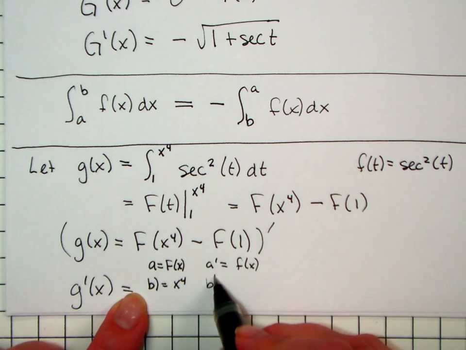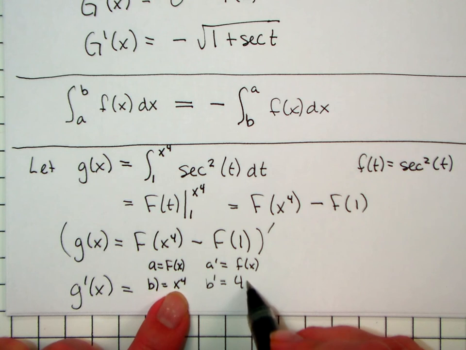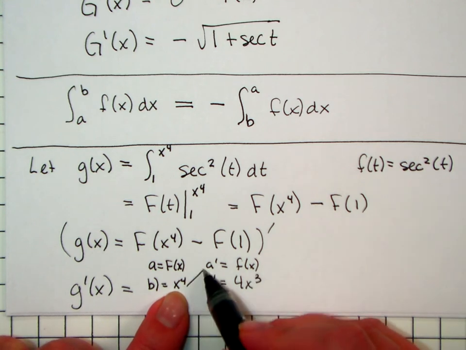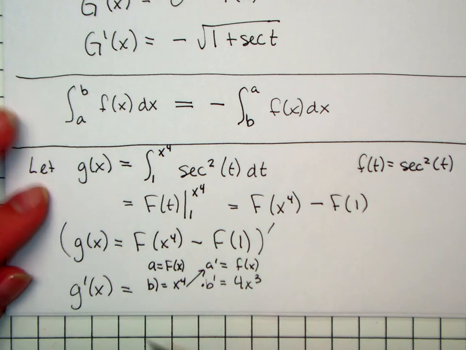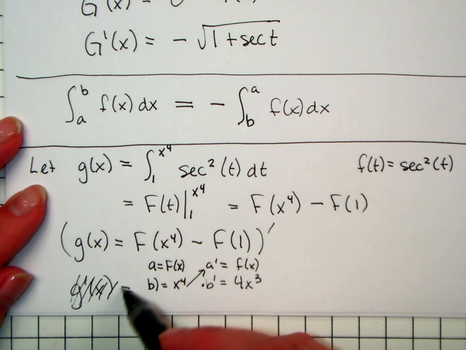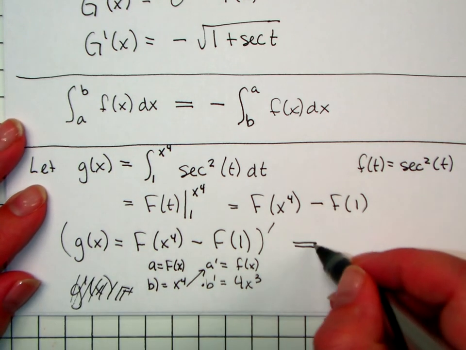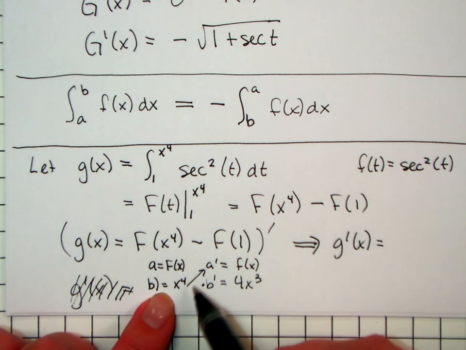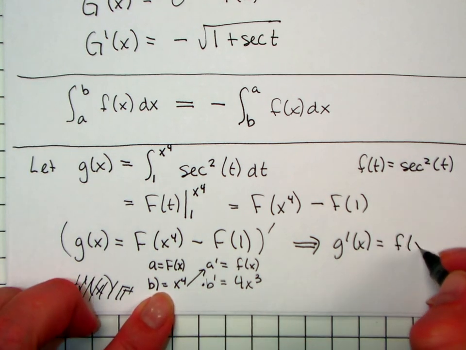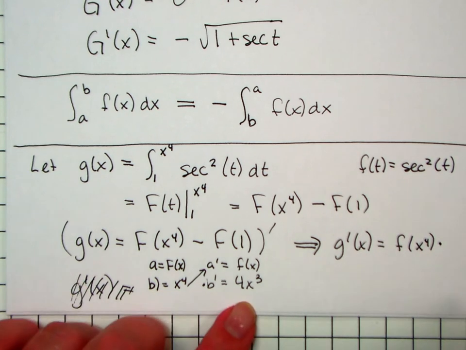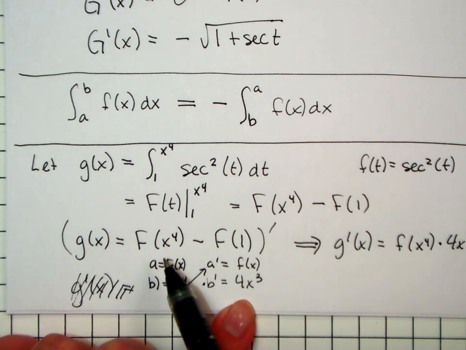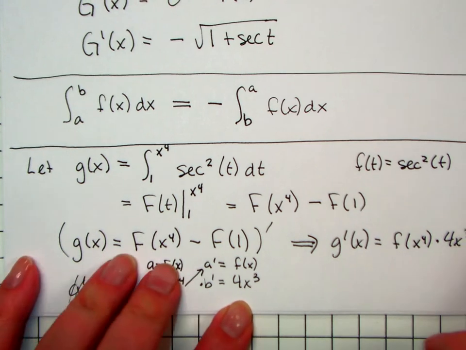And then the derivative of the inside function is 4x cubed, right? So I get g prime of x equals x to the 4th plugged into little f times 4x cubed, right? That's the derivative of capital F of x to the 4th.